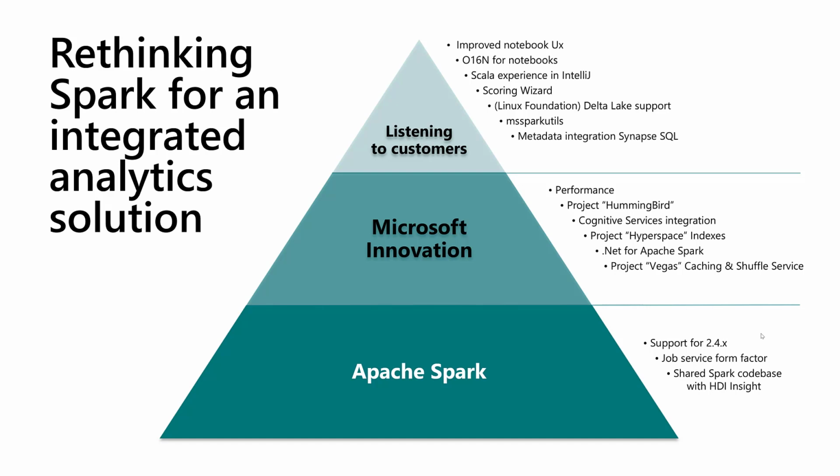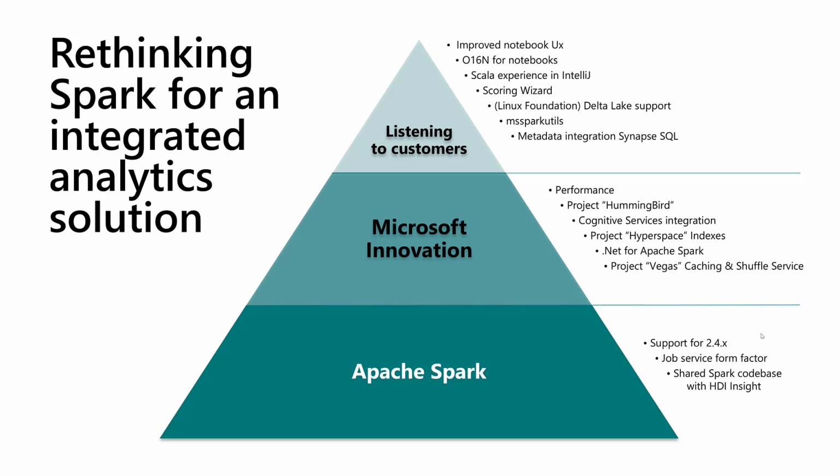A significant number of folks joined this effort to bring their expertise from the relational world into Spark. That led to a huge number of performance improvements, and at this point we are very pleased with how our Spark pools are performing, and I believe you will be as well.